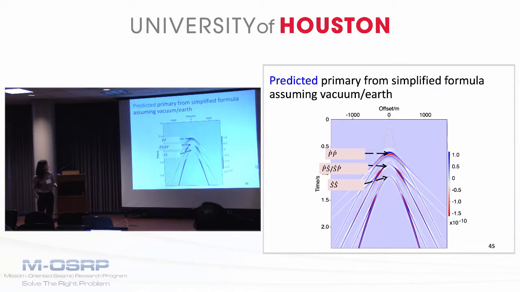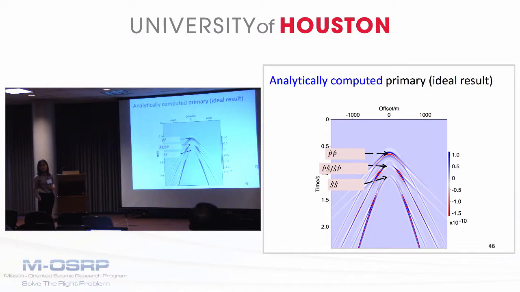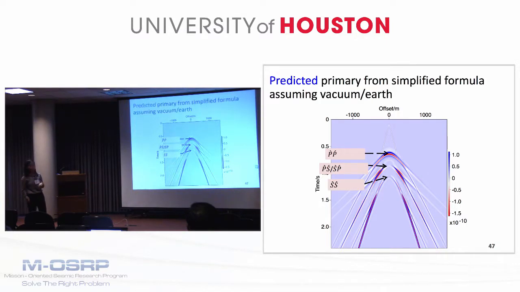So to further evaluate the accuracy of these predicted primary or outgoing reflection data, I will show you the primary which is generated by using their analytical forms as shown in this slide. So this one actually provides you the ground truth result. Let's compare this most accurate primary with the primary predicted by using that simplified algorithm. You will see their amplitude match very well.